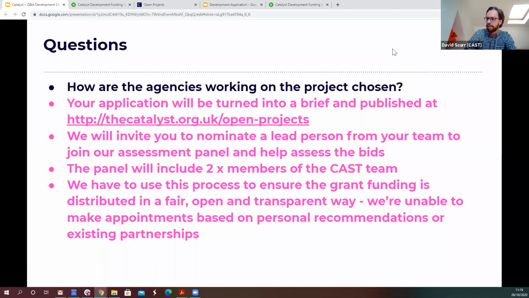We're unable to make appointments based on personal recommendations or existing partnerships. So that's why we're putting a brief up on the open projects page for each successful applicant. Any digital partner who of course meets the eligibility criteria on their end can apply for this.